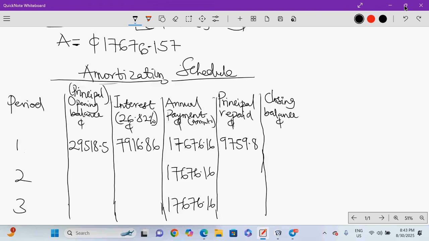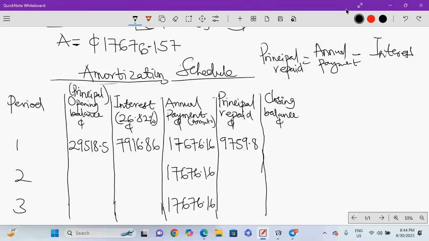So if we know this interest to be 7916, we deduct it from the annual payment. The principal repaid is the annual payment minus the interest. Okay, so what will be our closing balance?